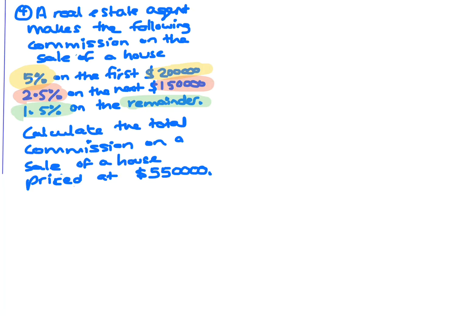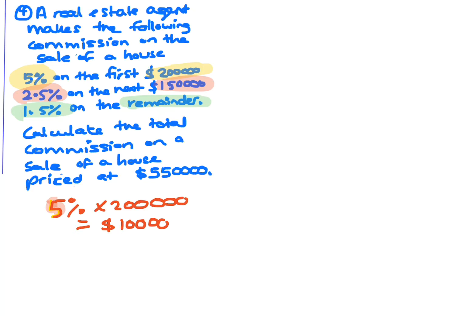So on the first 200,000, you get 5%. So it is 5% times the first 200,000. Work that out and you end up with 10,000.